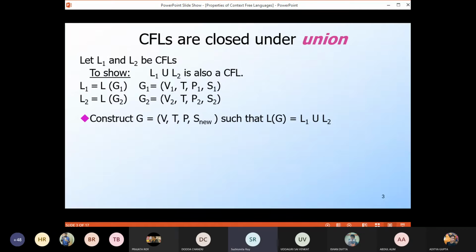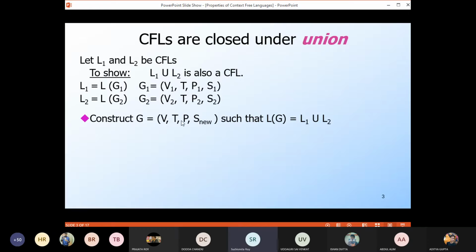So we have 2 grammars, that is V1, T, P1, S1. Note that the input alphabet is the same. This T, the set of terminals, is the input alphabet. In the one which we create, we are going to create a new V. T remains the same.